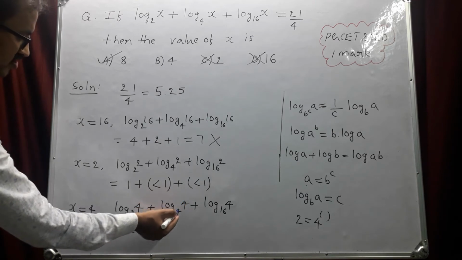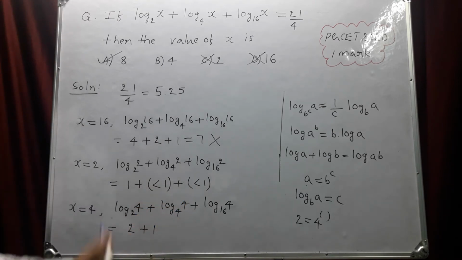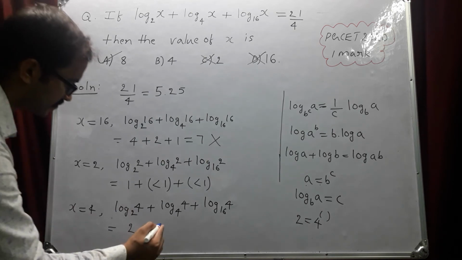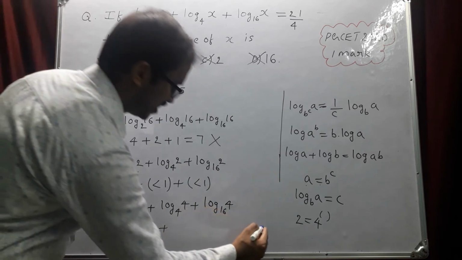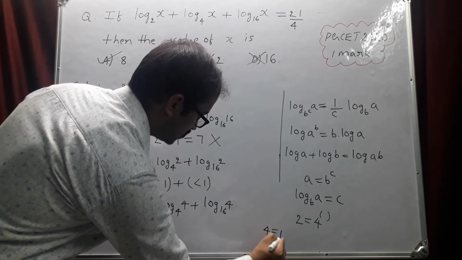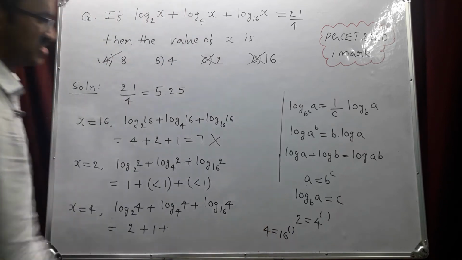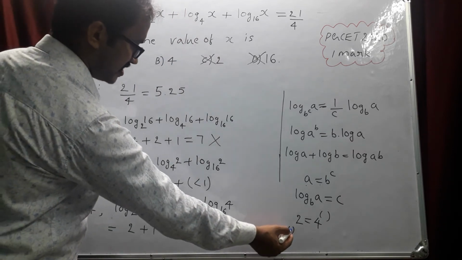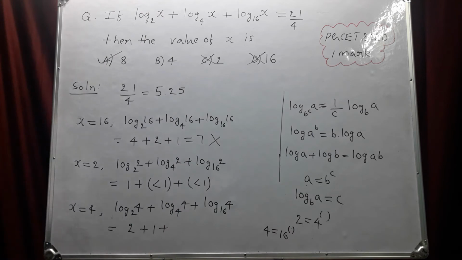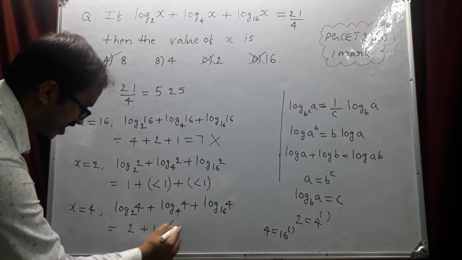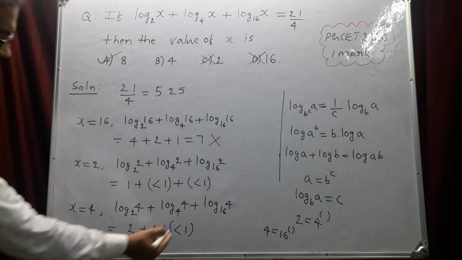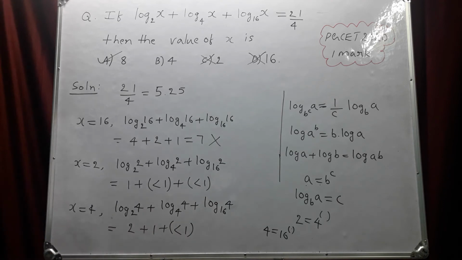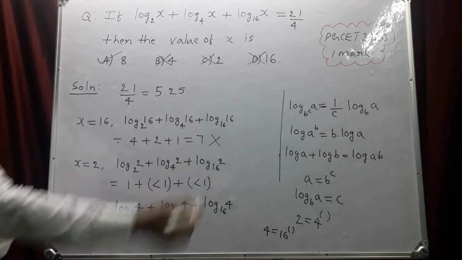Again, log 4 to the base 4 is 1, as I told, log a to the base a is 1, plus log 4 to the base 16. Here also, 4 is 16 power something. As 4 is less than 16, this power should be less than 1. So 2 plus 1, 3, plus some quantity less than 1, we will not get the sum as 5 point something. So we can eliminate this option also.